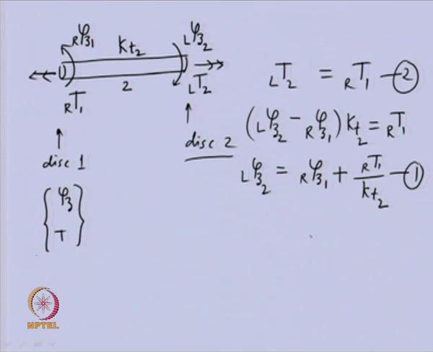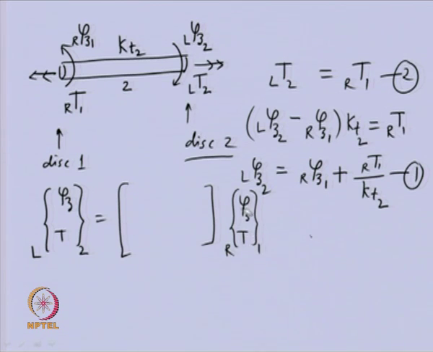Here I am saying left of 2 is equal to some matrix, and we have the field variable, angular displacement and torque, for right of 1. So, always, as I told earlier, we refer left and right with respect to disk only.